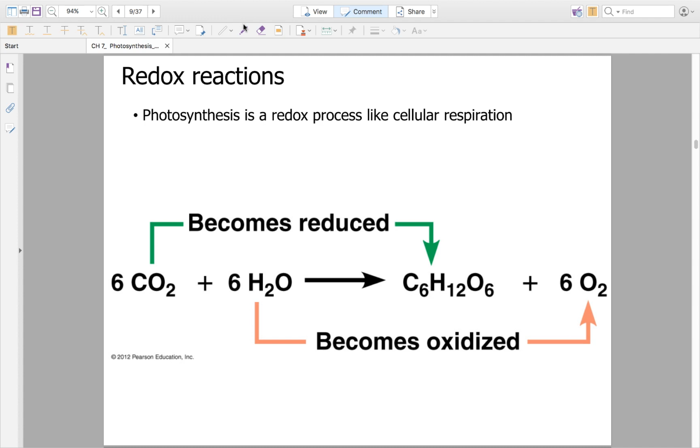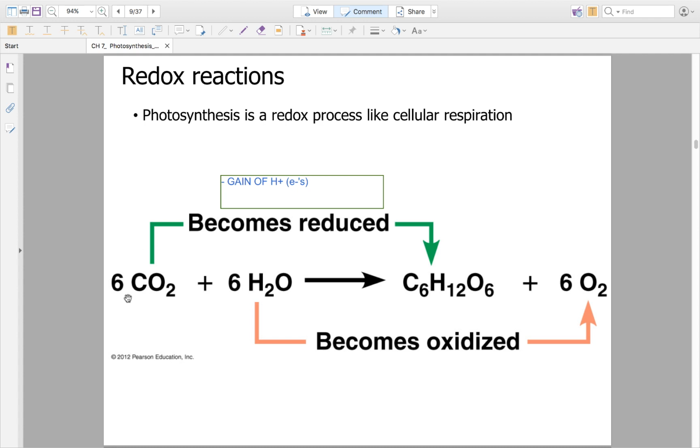What does it mean to become reduced? Okay, so remember, reduction is the gain of hydrogen, and more specifically, it's electrons. Those hydrogens come with electrons.